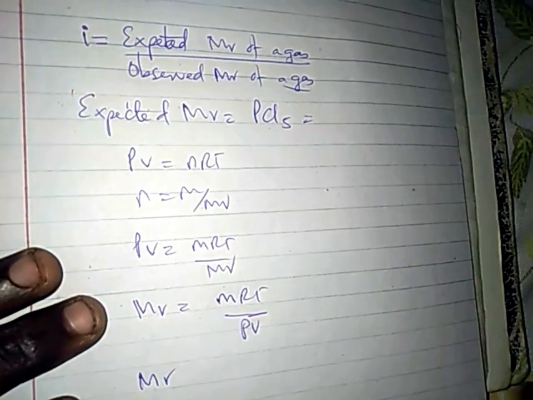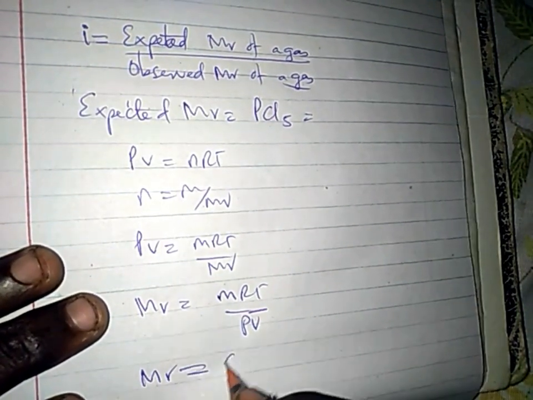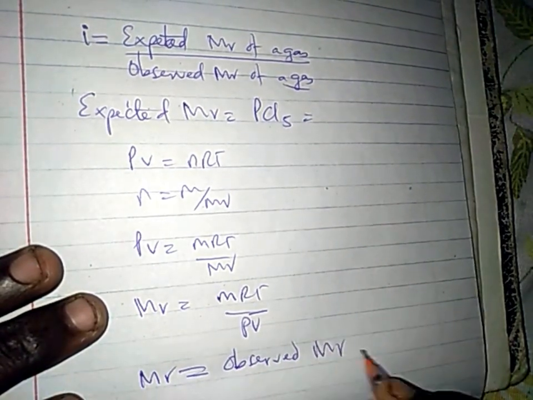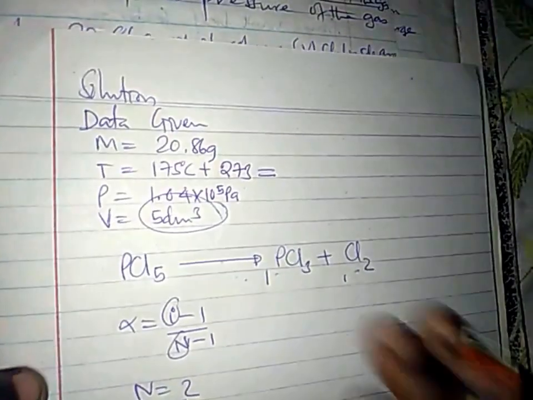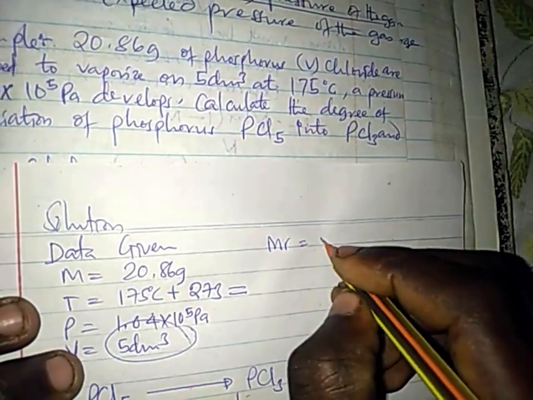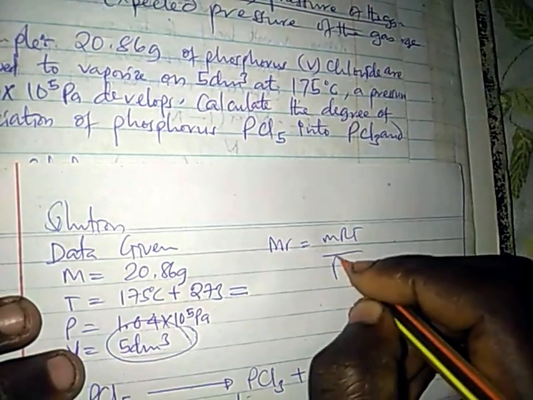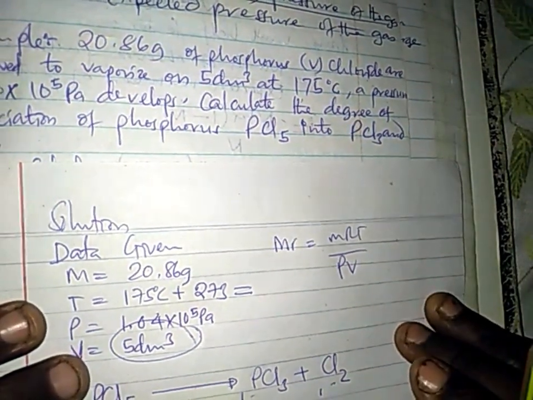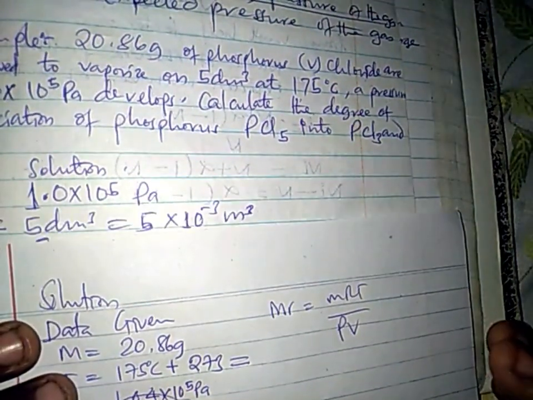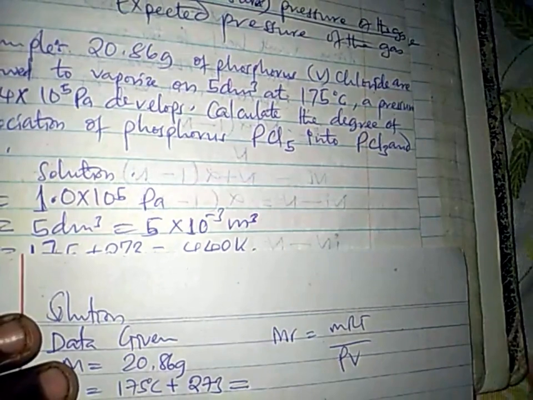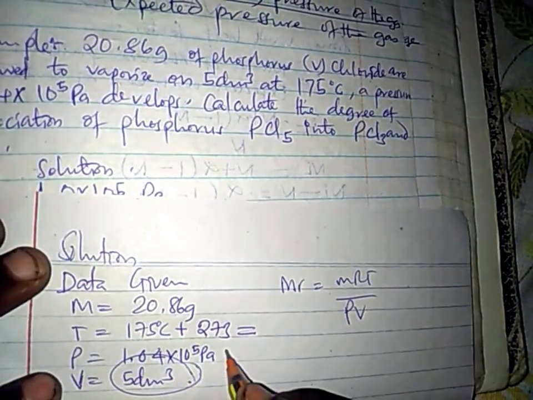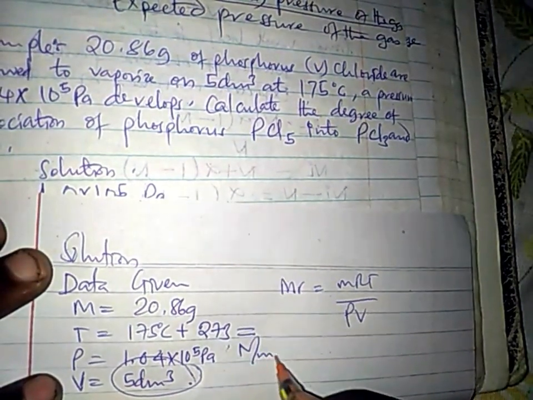So here we are calculating the molar mass, and this molar mass is what we call the observed molar mass. We have been given all the data for molar mass equal to mass RT divided by PV. One major thing we should consider is the units of the data. For example, our volume is given in dm cube. Pascal is the same as Newton per meter square.